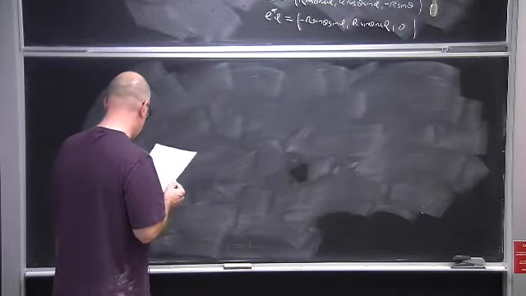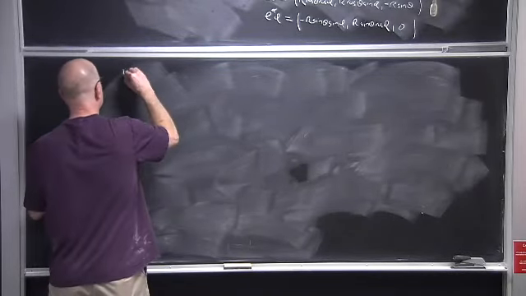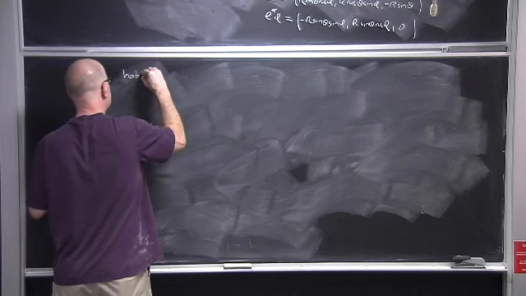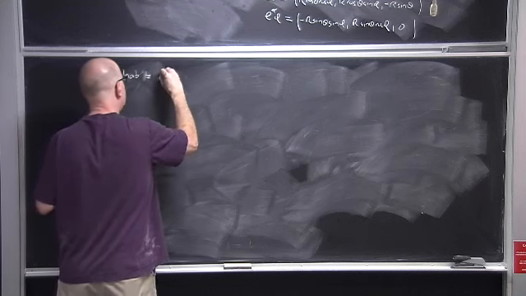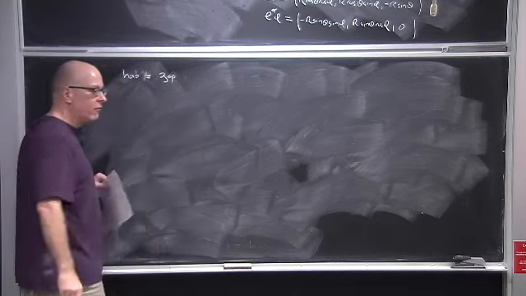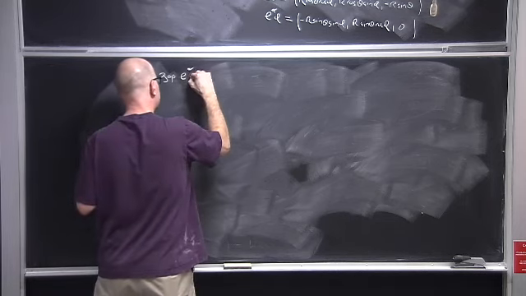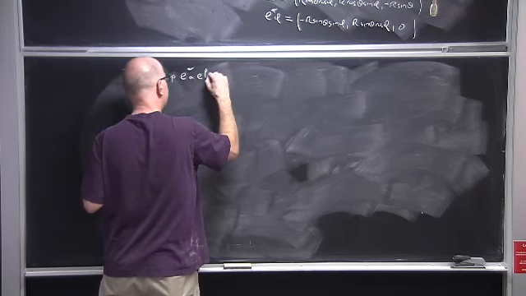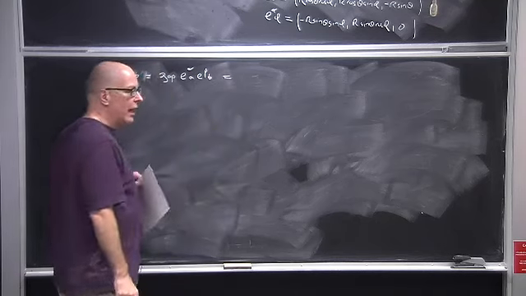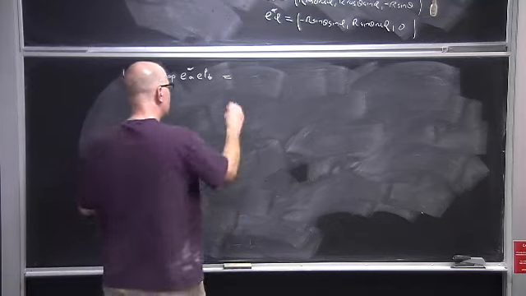So if I want to calculate the induced metric on a hypersurface, I just take the flat metric of 3D space, and I project it down to the hypersurface using my tangent vectors. And when you do this calculation, it's pretty simple.